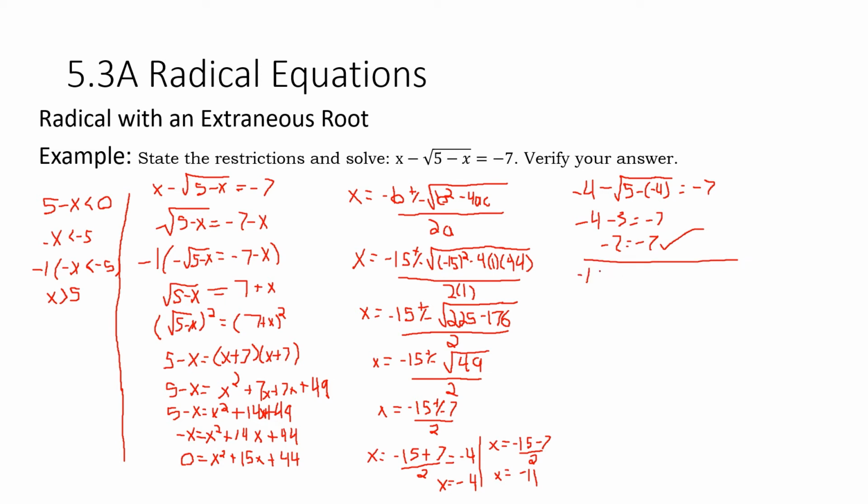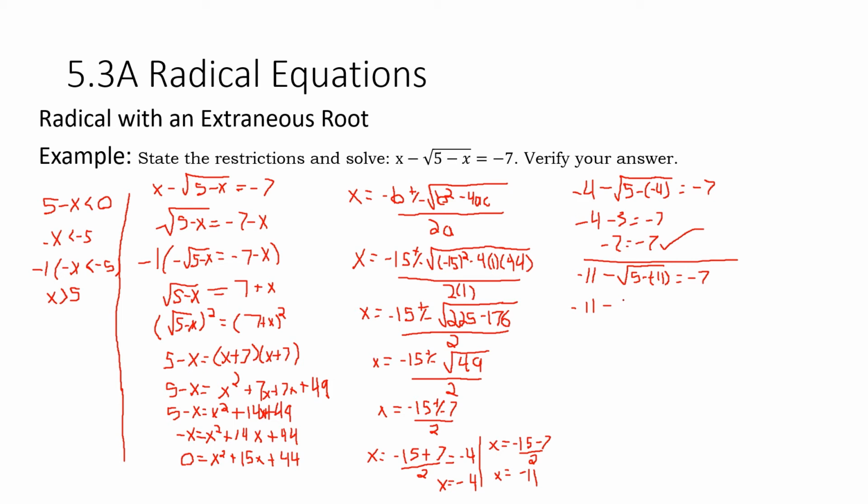Let's try the next one. Let's substitute in negative 11 for our x's. So negative 11 minus the square root of 5 minus negative 11 is equal to negative 7. So 5 minus negative 11 is 16, the square root of 16.